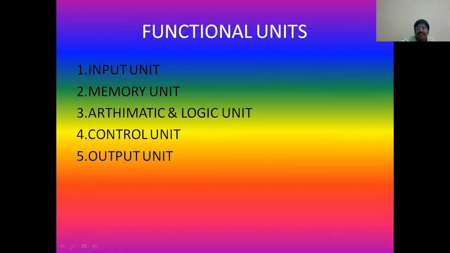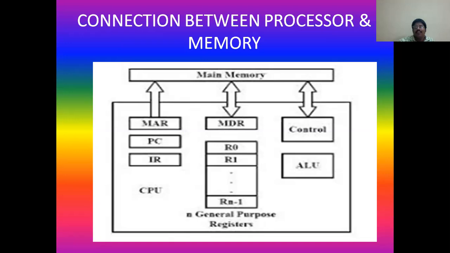But in this diagram, along with the control unit and ALU, there are some more components added. Except those two, the rest of the blocks are all registers. We are going to discuss those registers one by one.